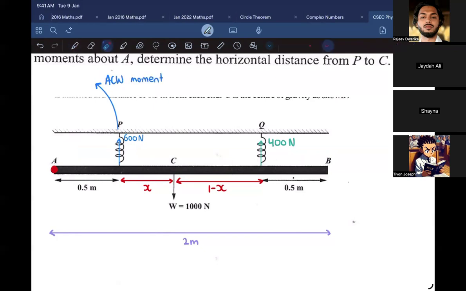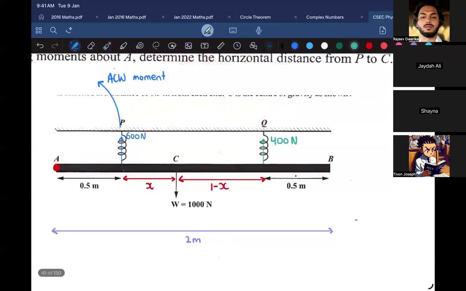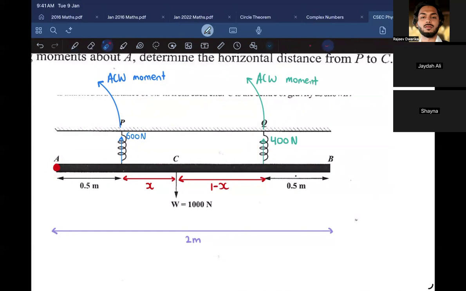Okay. And the same thing over here. If this is the pivot and you apply an upward force, you're going to want to rotate in this direction. So clockwise or anti-clockwise? Anti-clockwise. And in this particular question, how many downward forces do we have? 1.